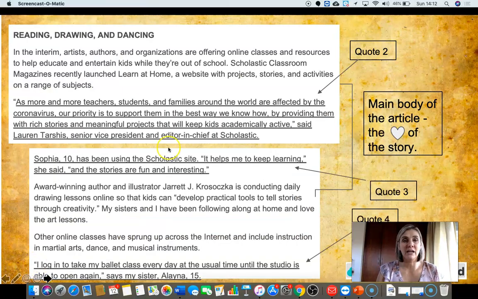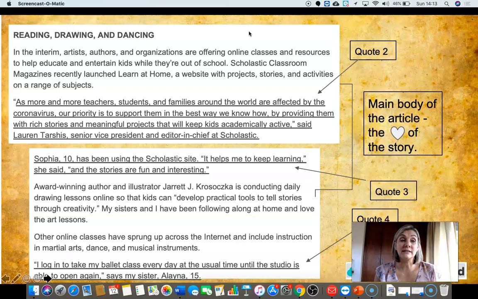Take a look at your main body of your story, and that's the heart of your story. That's the hamburger that I spoke about, the actual meaty part. So reading, drawing, and dancing. In the interim, artists, authors, and organizations are offering online classes and resources to help educate and entertain kids while they're out of school.